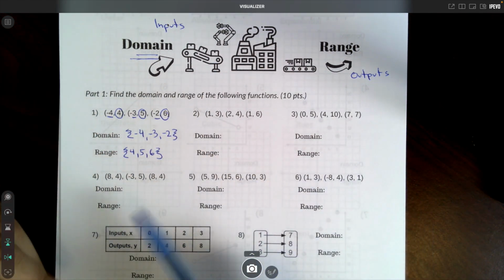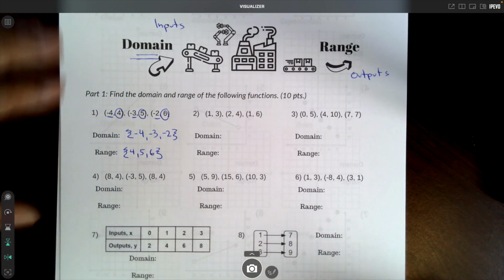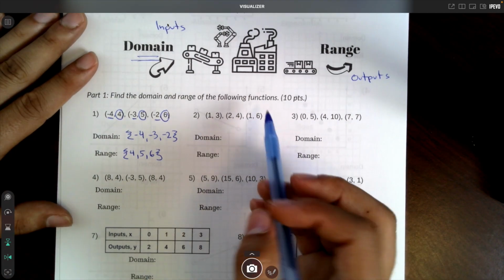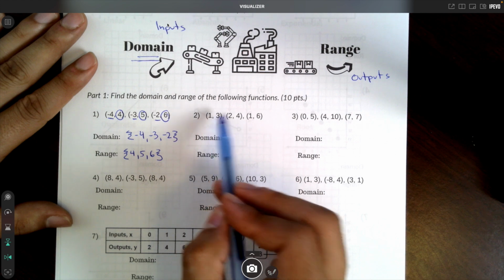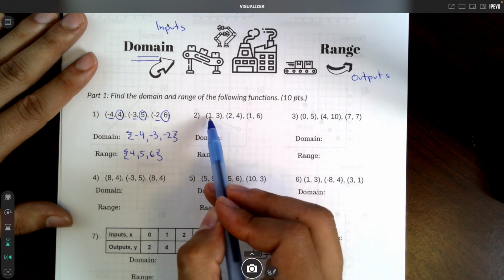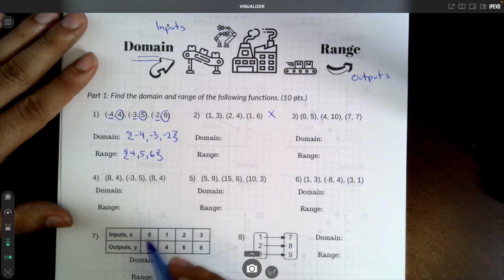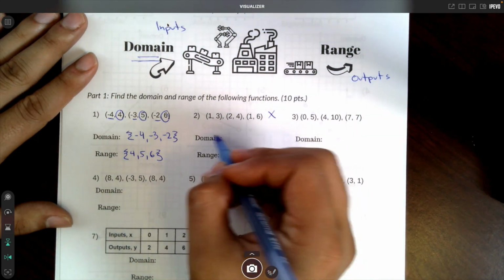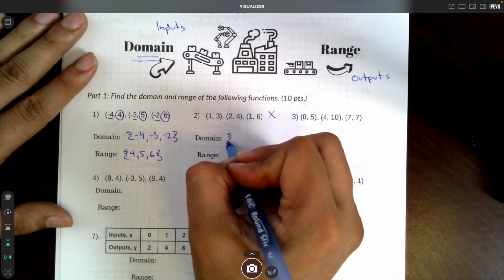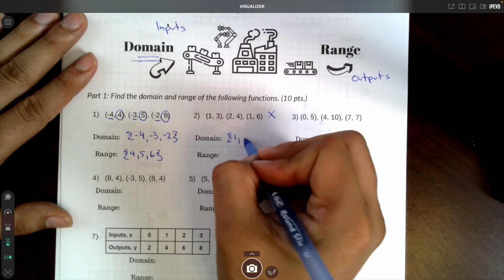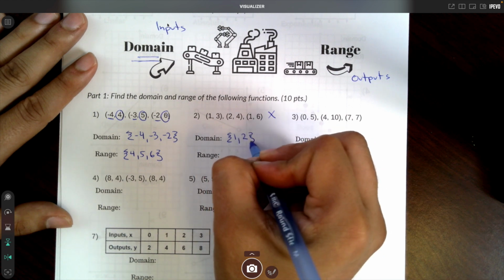Now, even if it's not a function, that's okay, because I can tell off the bat, hey, this is not a function. 1 goes to 3, 1 goes to 6. So this is not a function. Okay. But we're just working on domain and range. So I want to know what the inputs are. So again, domain is all the numbers that go in. So 1 and 2.